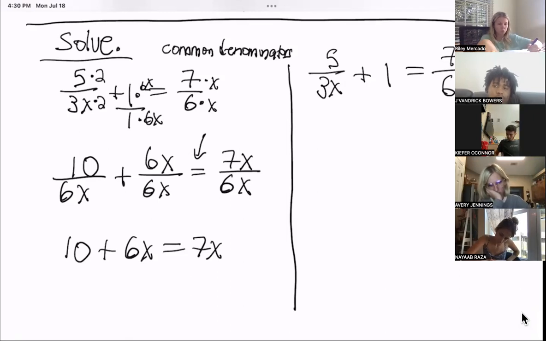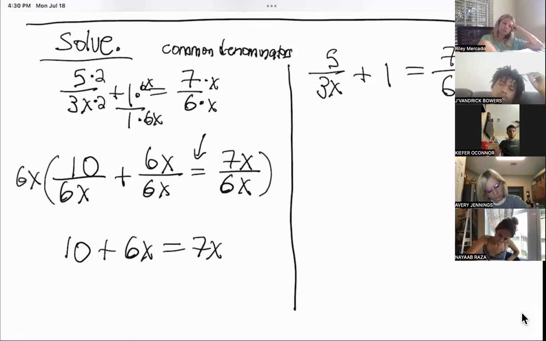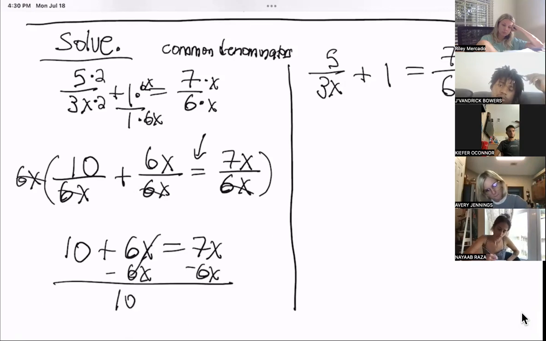And that's because I can multiply everything by 6x and all the denominators will cancel out. You can remember it that way. Once they're the same, you don't need them. And then we solve. Minus 6x, minus 6x. 10 is equal to x. My answer is 10.